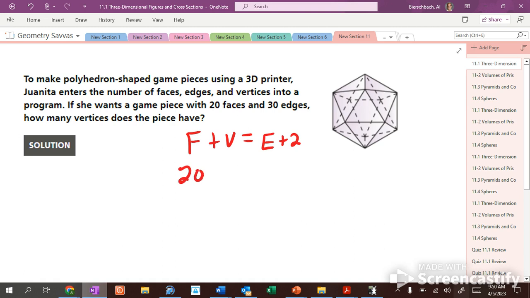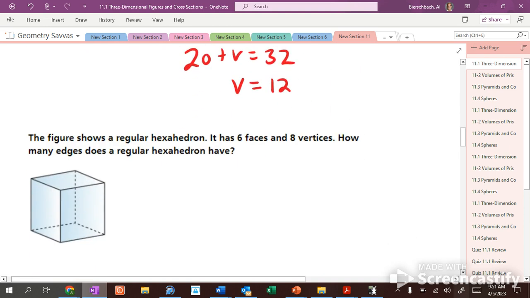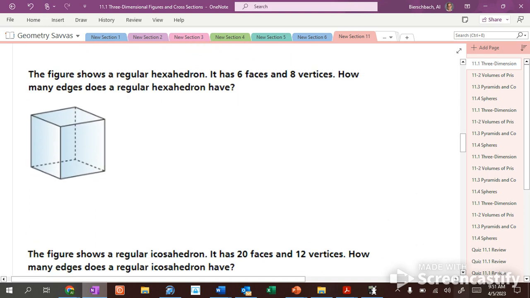If it has 20 faces and 30 edges, this makes 32, right? Yeah. 32 minus 20 is 12. There must be 12 vertices. 48. Because I read it as 20 faces and 30 vertices.